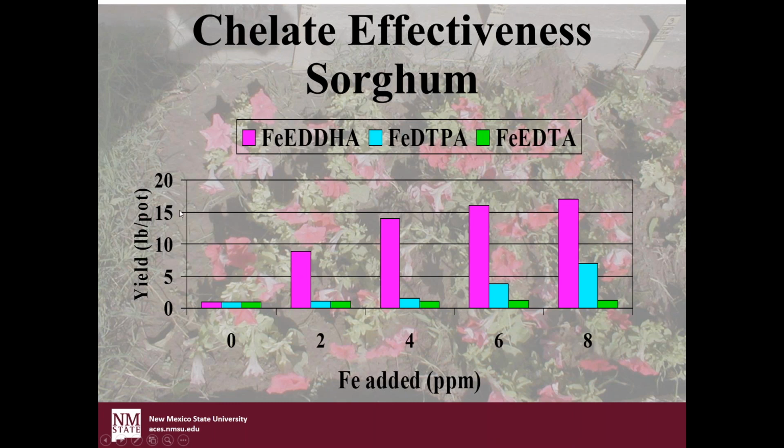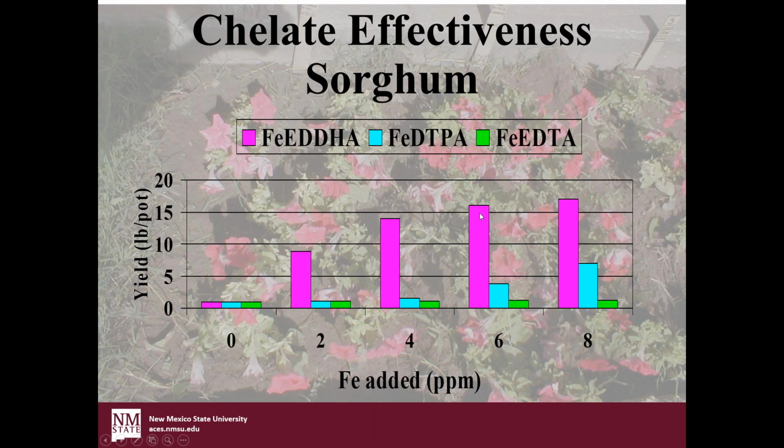So this is a pot study for sorghum, and the iron DTPA and EDTA just haven't really kicked in until you get to 4 parts per million. You see a small increase in growth from the sorghum, but not nearly as much as that iron EDDHA.